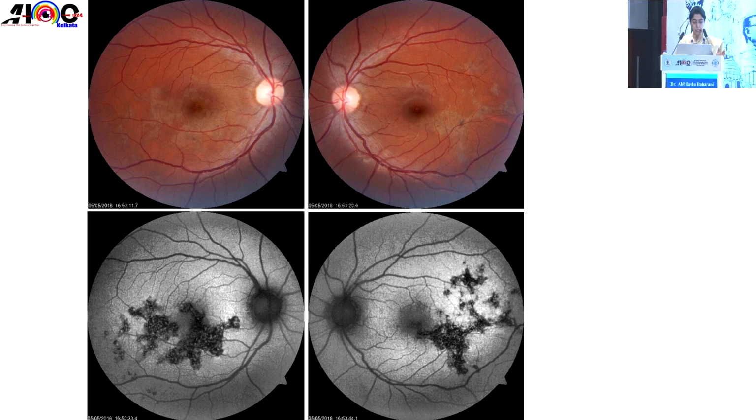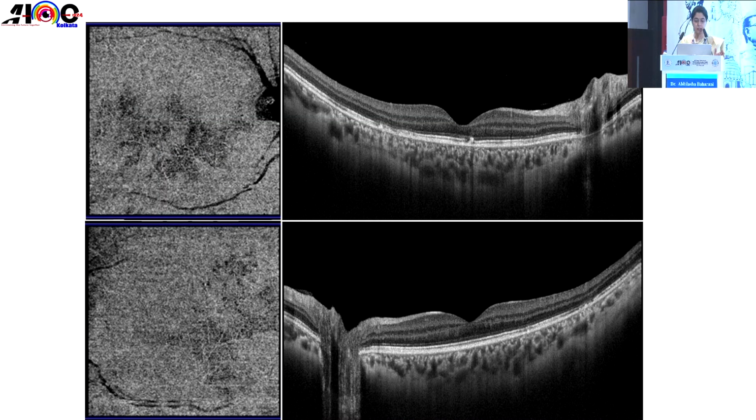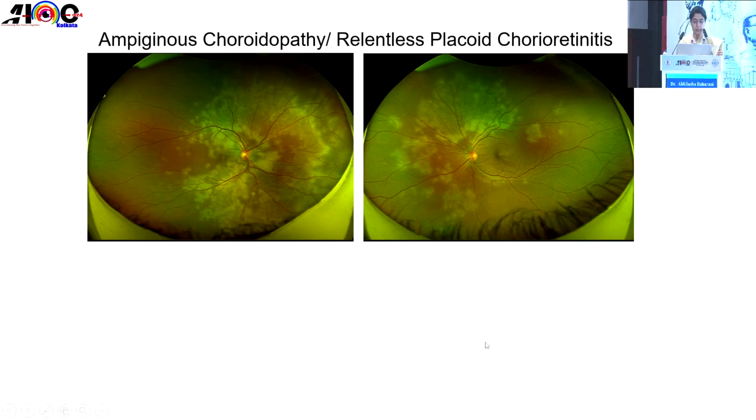When completely healed, on fundus autofluorescence they show variable hypo and hyperpigmentation depending on the level of RPE atrophy. And this is the OCTA scan, where you see reperfusion in the CC slab, and complete resolution of the outer retinal layers.